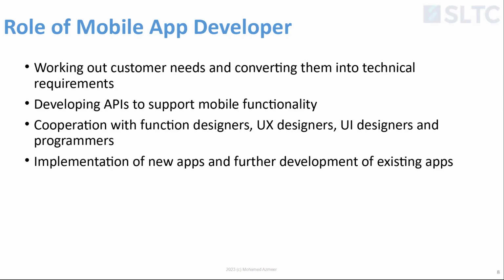It might be new features, it might be bug fixing, it might be anything for that matter. We keep pushing updates. So like I said, it's not just one person doing all these things. There may be a team of people doing different things there. But when one person does all that, that's what we call a full stack developer. A full stack developer knows everything, the whole cycle of development.